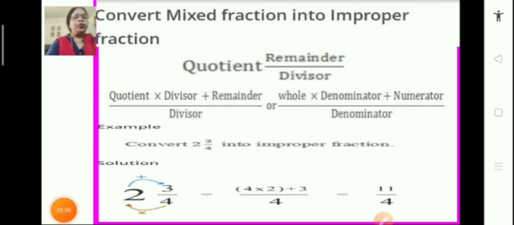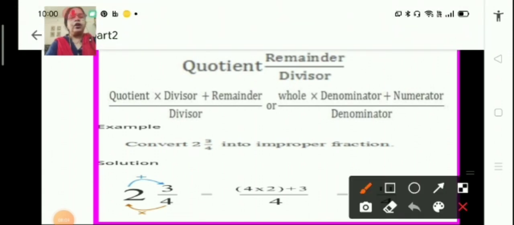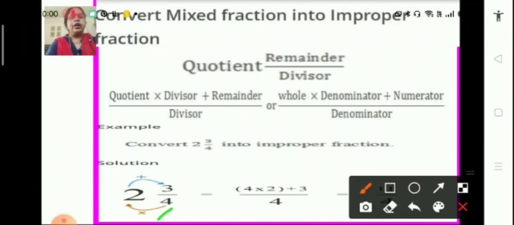That means we multiply the denominator of the mixed fraction with the whole and add the numerator to it like this to get the numerator of the improper fraction. And what will be the denominator of the improper fraction? It will be 4. It will be the same denominator as the mixed fraction.